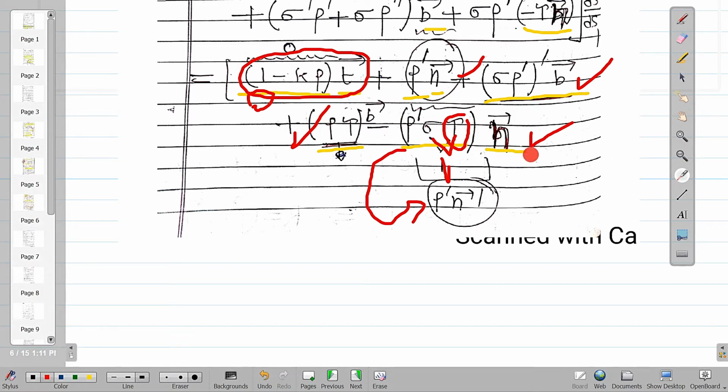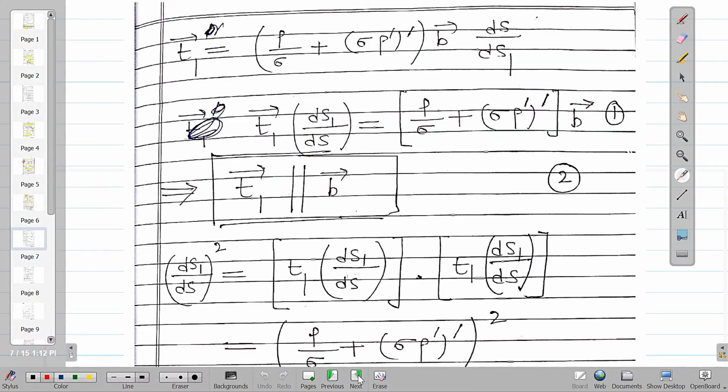Now adding the coefficient of b vector, which is this and this. Then adding the coefficient of n vector, that is this, which is rho dash, plus this. This is plus and this is minus. Clear? So adding all these terms, what do we get? See in the next page.